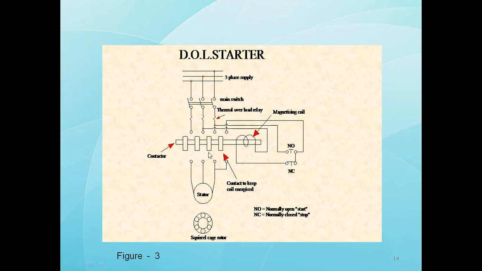All these terminals are connected like this. So when the on button is pressed, the contactor coil C becomes energized through the off switch and overload relay, and its open contacts are closed.